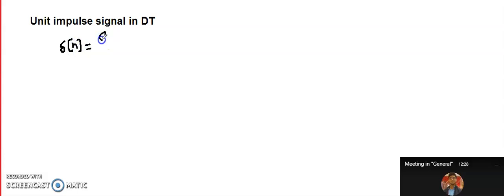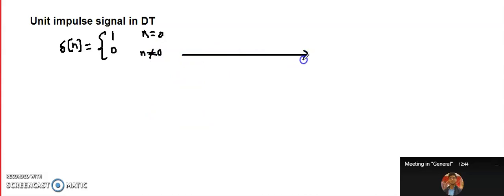We defined its value to be 1 when n is equal to 0 and 0 when n is not equal to 0. n of course is a set of integers, so its value will always be 1 when n is 0, and when n is other than 0, its value will be 0.